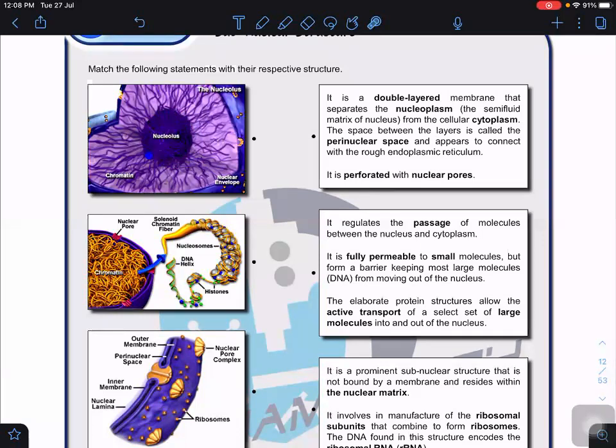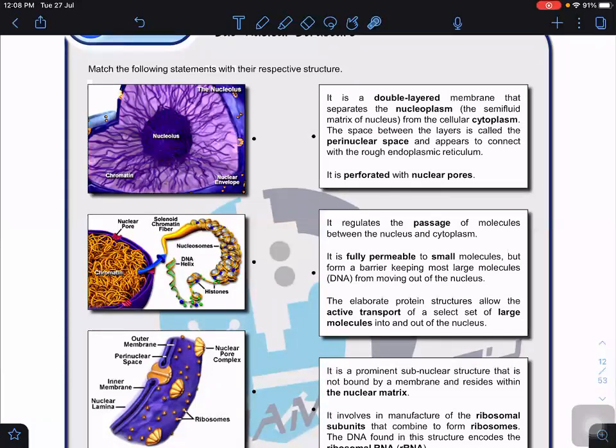The functions of the nucleolus we have discussed in the previous lesson. The function is to synthesize rRNA. R stands for ribosomal, so it's a ribosomal RNA.